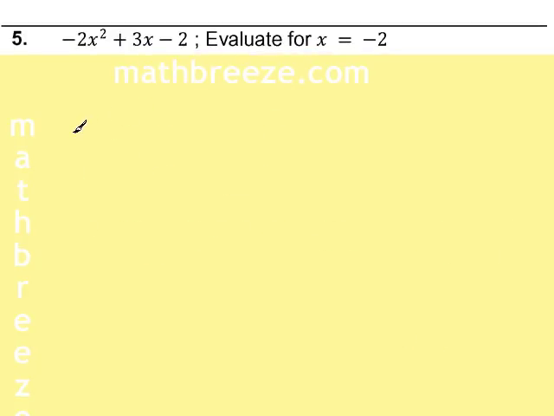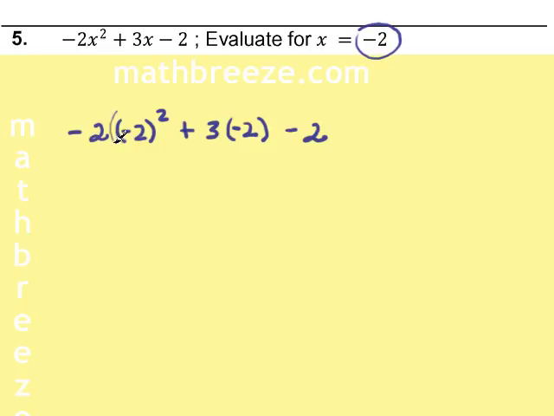In number 5, we'll rewrite first. So here we have minus 2 parentheses squared plus 3 times parentheses minus 2. All right, we're substituting in the minus 2 in the parentheses, so we'll put the minus 2 here and here as well. All right, now let's evaluate.